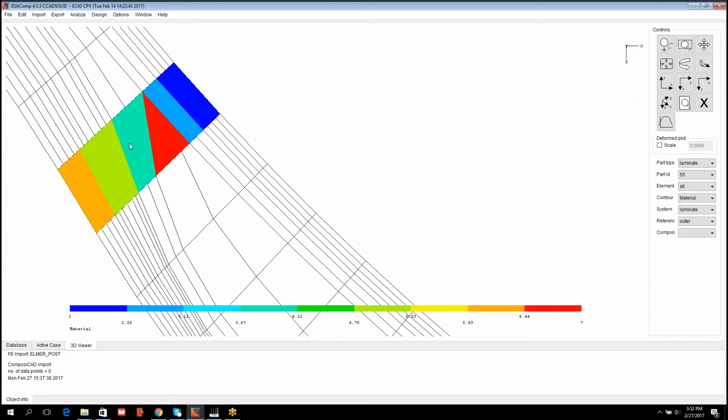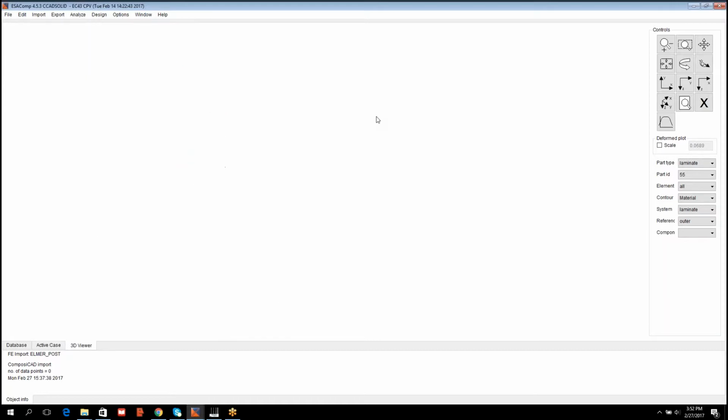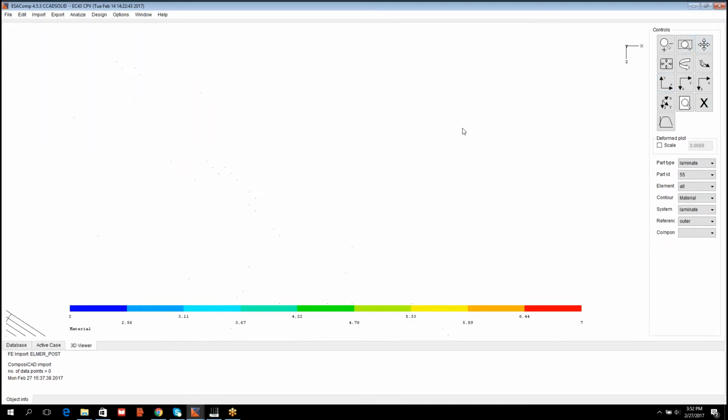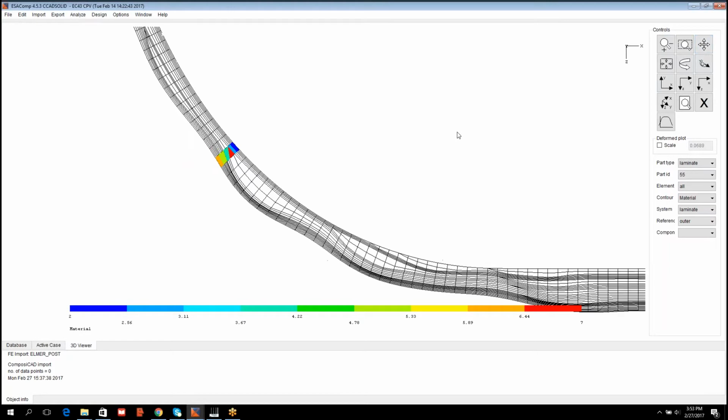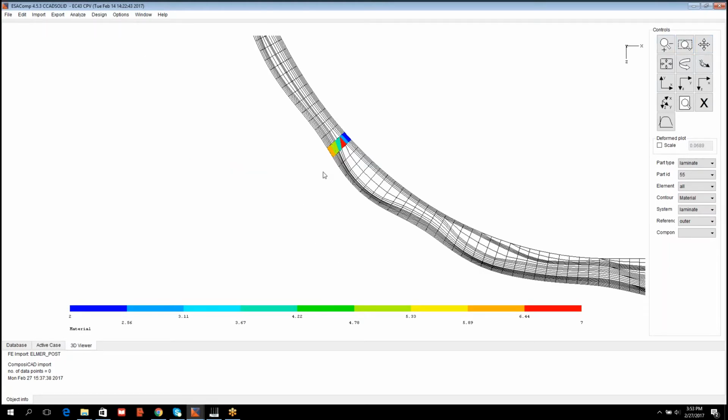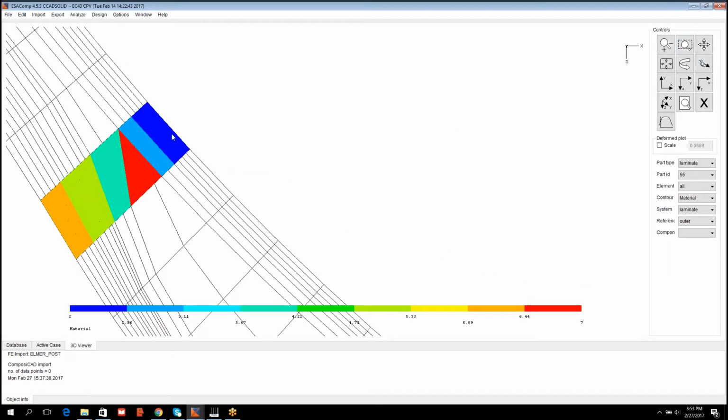I have prepared another study to study this stress concentration issue more, and in that second study I have increased the number of elements by defining that the element length is 1/4 of the one I used in this model.